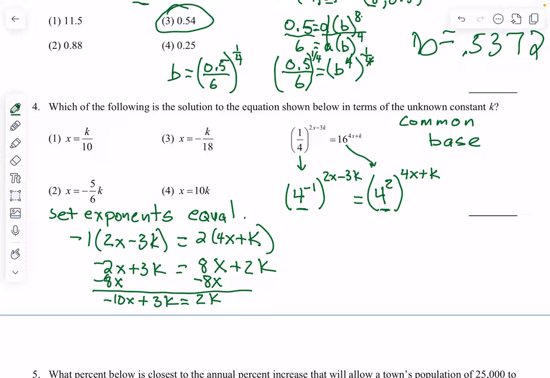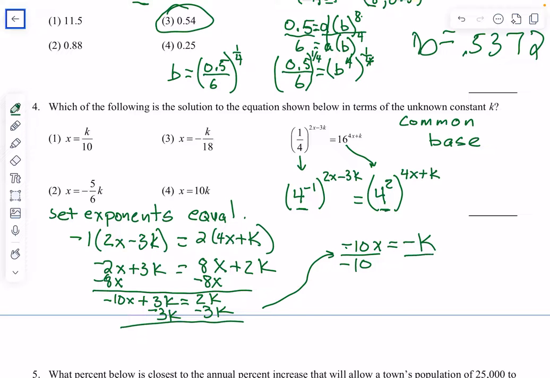And then if we subtract 3k from both sides, we end up with negative 10x is equal to negative k. Then we divide both by negative 10, and we get x is equal to k over 10, which is choice number 1.